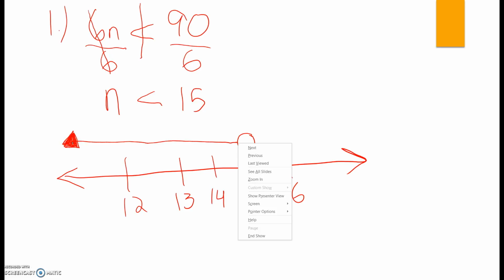So that will be my graph. It starts at 15 because that's where my number is for my inequality, and anything less than 15 is my answer. Okay? So that's number 1. If you need to pause or go back, we can do that.